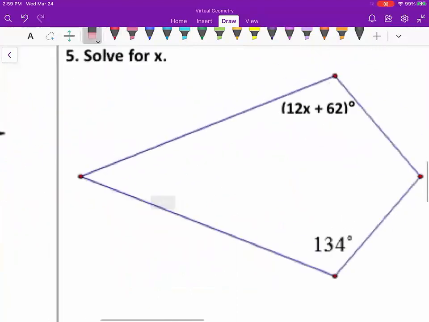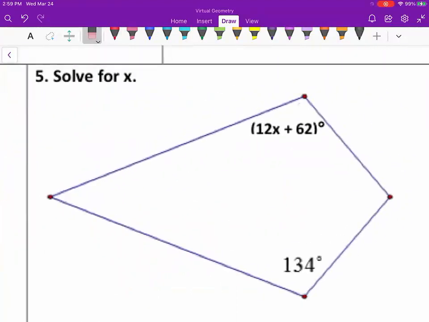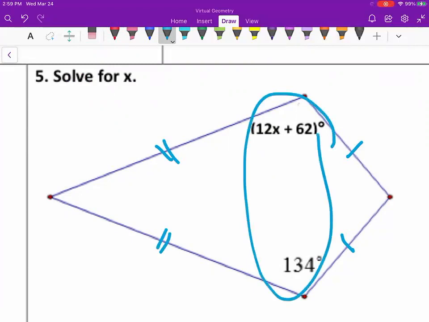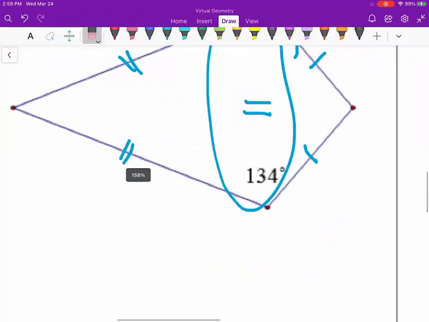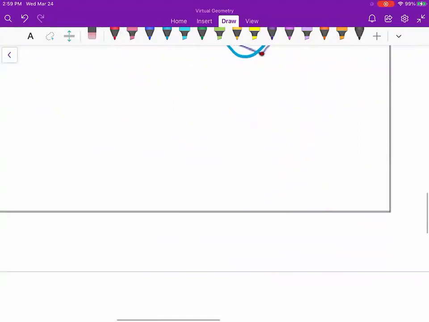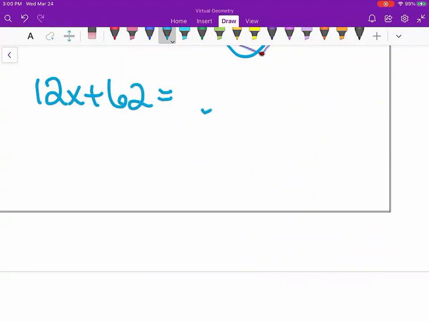Last example we've got, example 5. Now we're doing a little bit of solving. Again, we've got our congruent sides. These have to be my non-vertex angles, so they will be congruent. So let's solve this. 12x plus 62 is equal to the other one, 134.